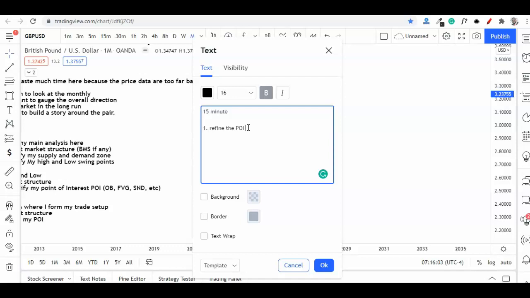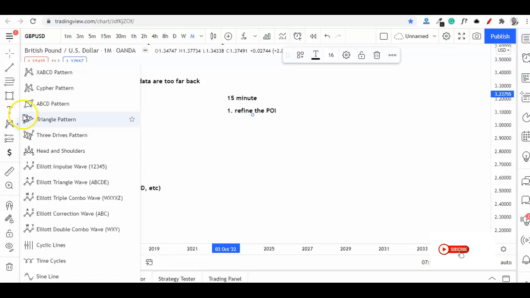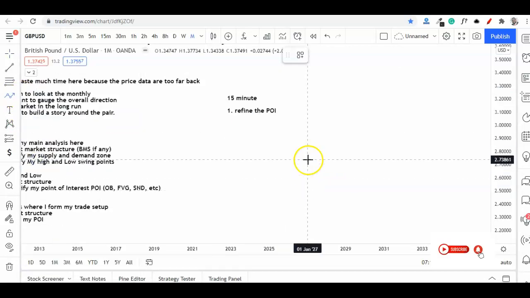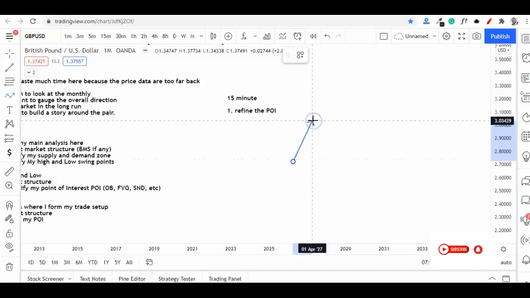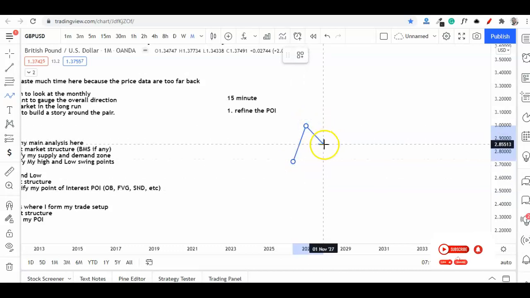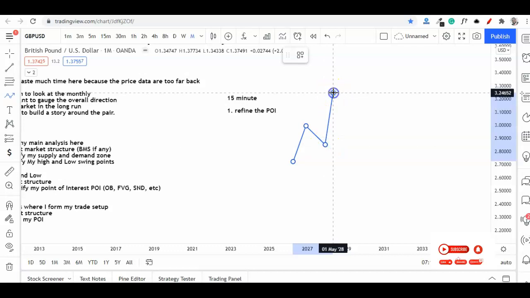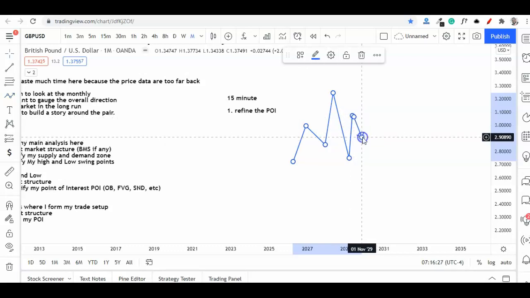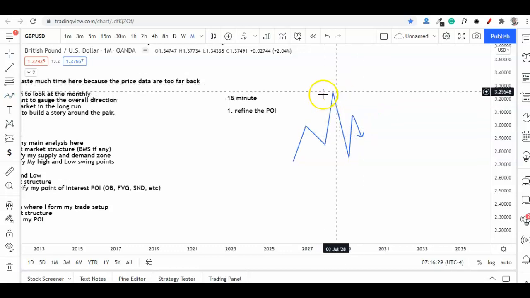Where do you place your stop loss? I place my stop loss at logical areas. Let me explain what I mean. Now, let's assume the market is moving like this, okay, and there's a break of structure here, and price trades into maybe one of my order blocks here.